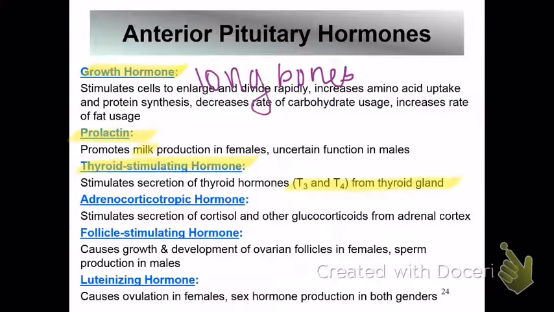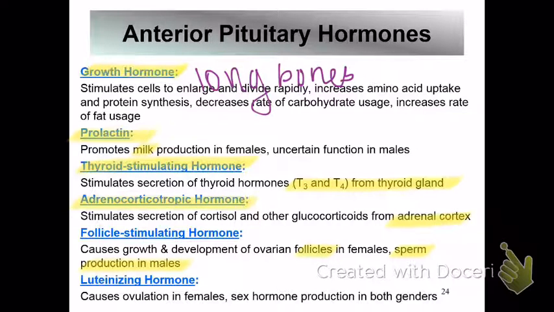Adrenal corticotropic hormone is the hormone that stimulates the cortex of the adrenal gland. Follicle stimulating hormone: you want to write in right here, this is going to be sperm and egg cells. It says egg production, sperm production in males. So it causes growth and development of the follicles that are going to become the egg.